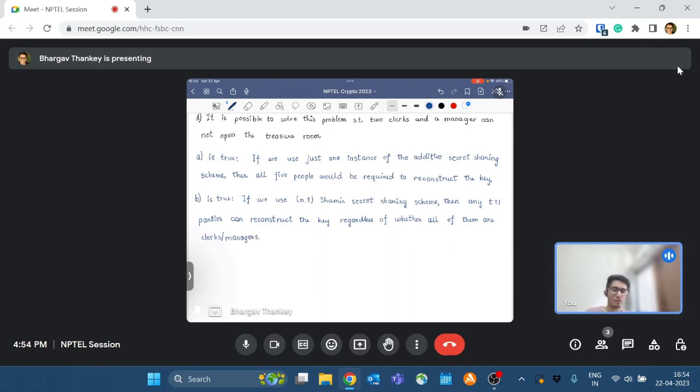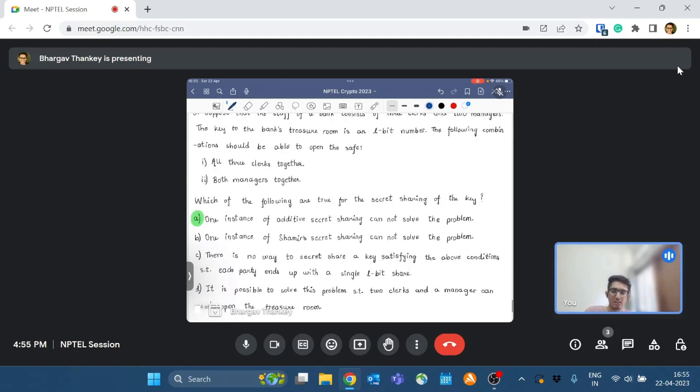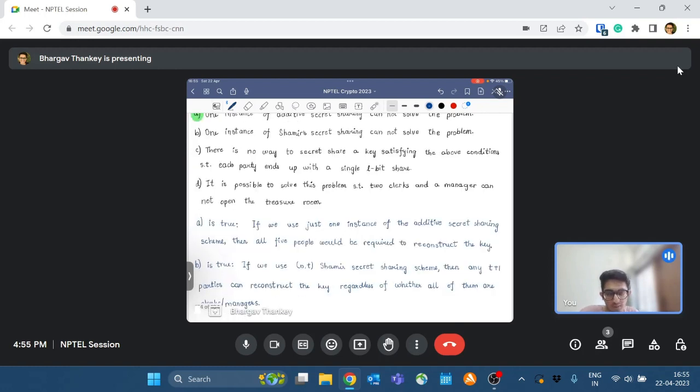If we use an n, t Shamir secret sharing scheme, then it is possible that t plus one parties can come together to reconstruct the key and therefore open the safe. However, among these t plus one parties, we can have some clerks and some managers, but we do not want some managers and clerks to collude to open the safe. We only want that three clerks should be able to open or two managers should be able to open. So we cannot solve this problem by using just one instance of Shamir secret sharing scheme. So B is true.